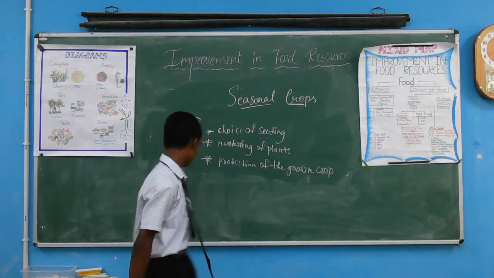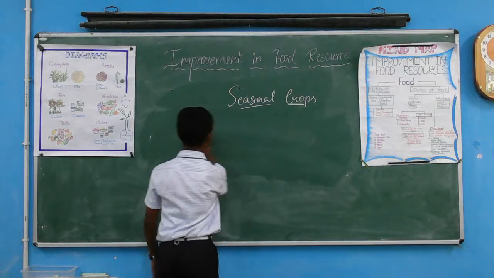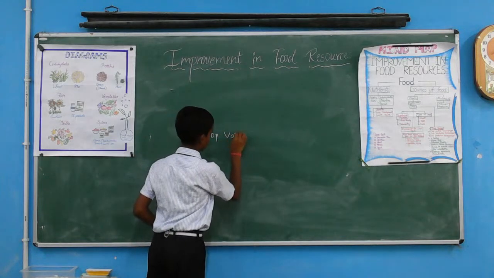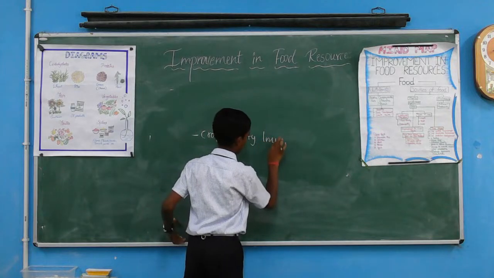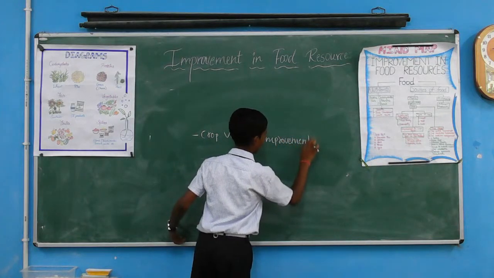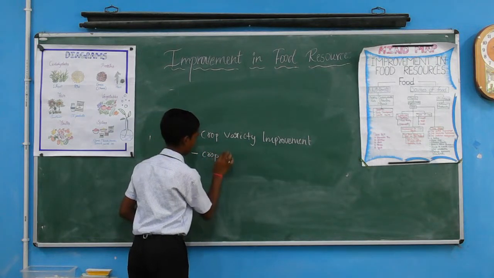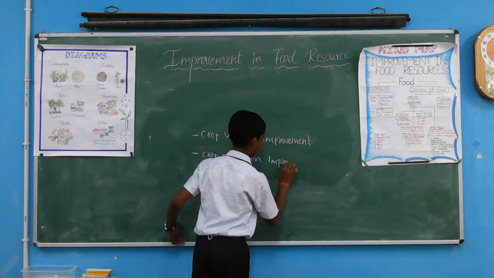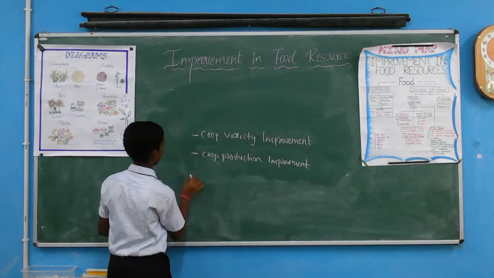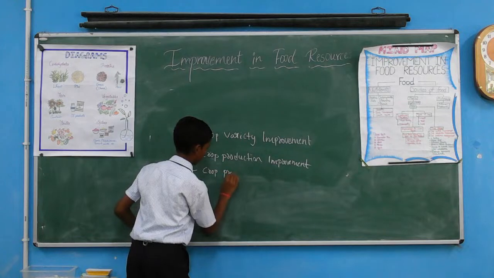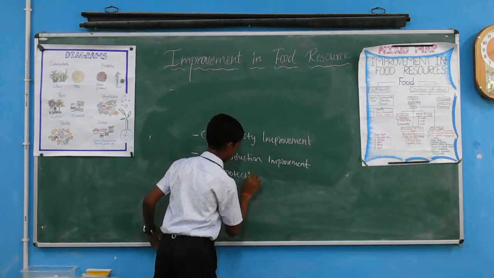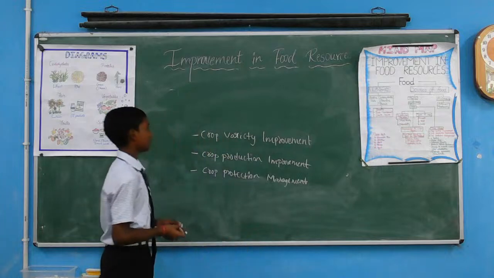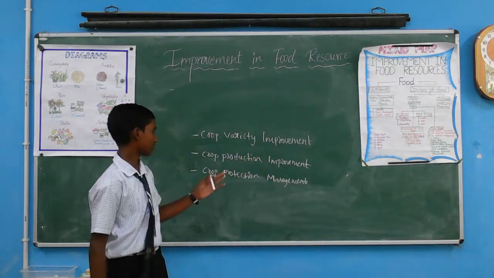These stages can be classified as crop variety improvement, crop production improvement, and crop production management.